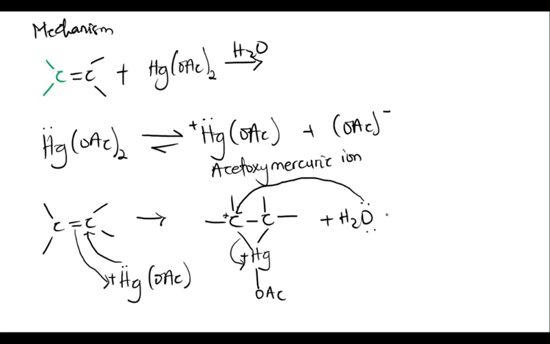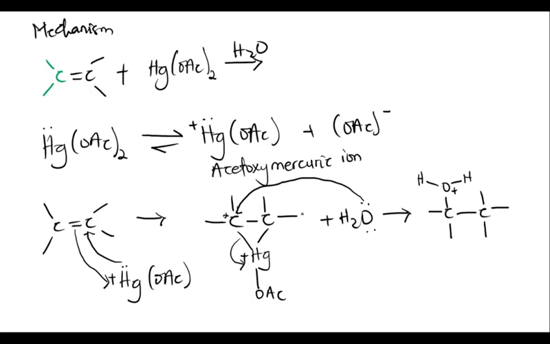So we now have this as our product. So we have this, and then we have this. Okay, so the water that is coming will be at the top over here, H, and it will bear the positive charge. Then we have this attached to the second carbon, we have this and this.